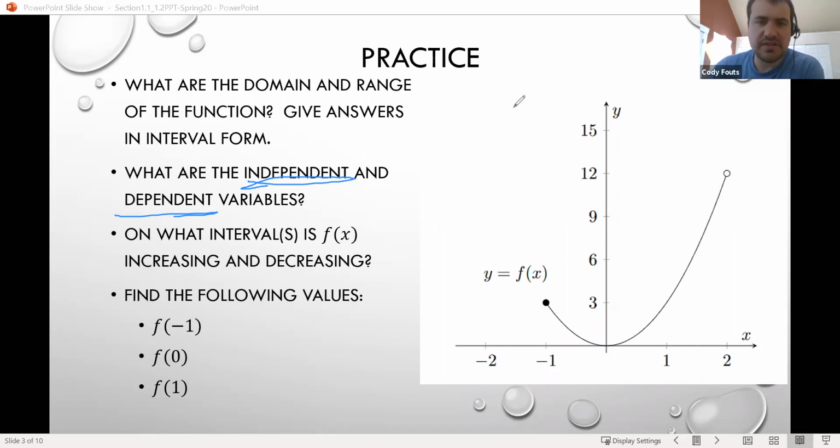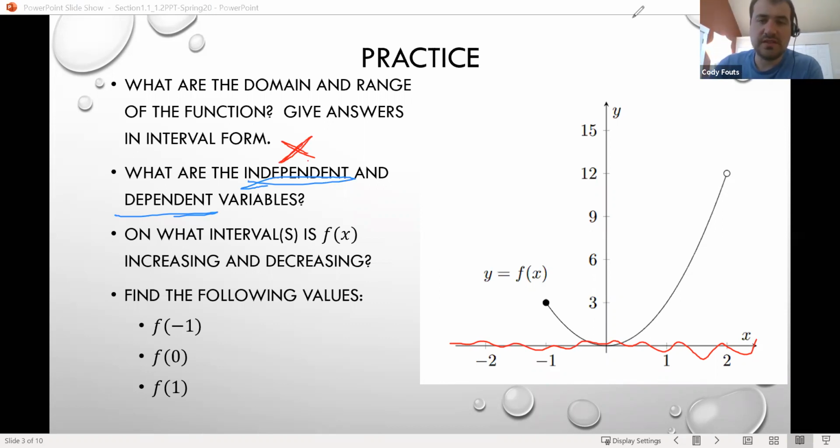So our independent variables, those will be our inputs. So those are the things that appear along the horizontal axis. And we notice that the values along the horizontal axis are represented as x's. So we know that our independent variable here is x.